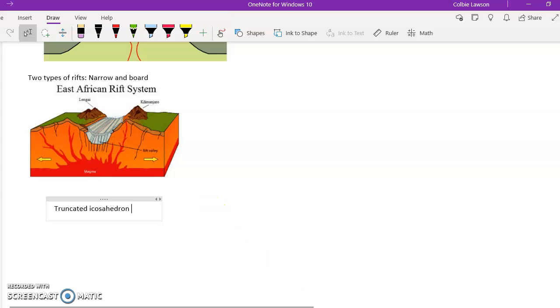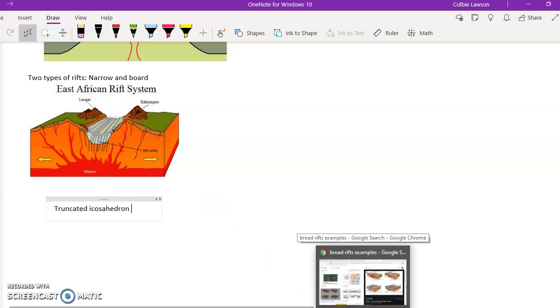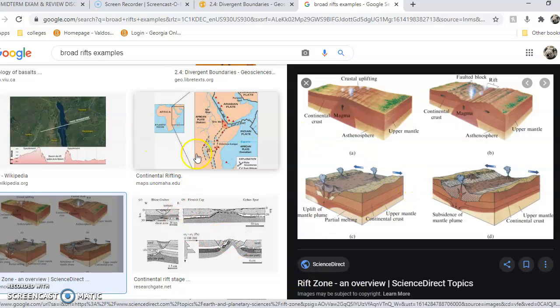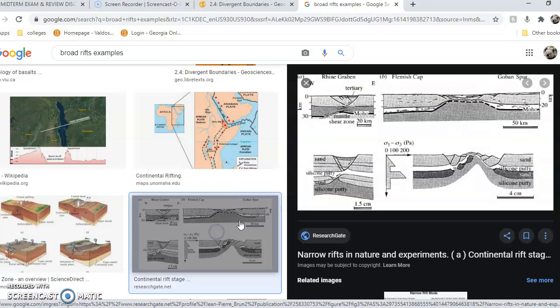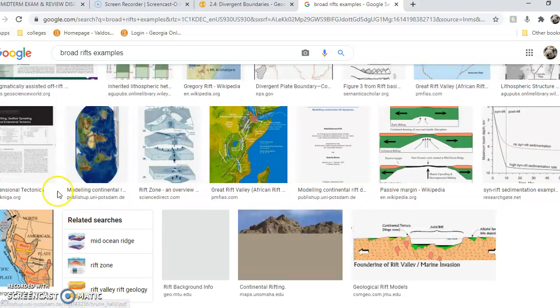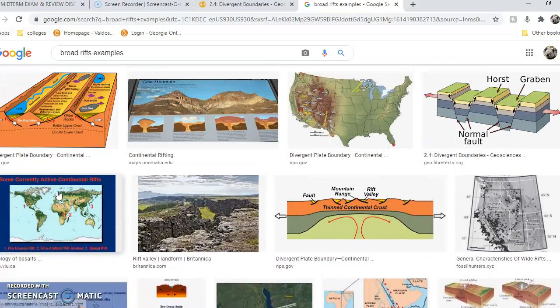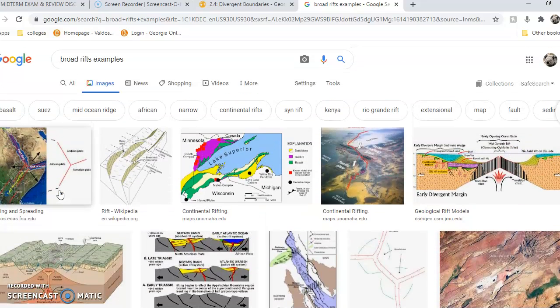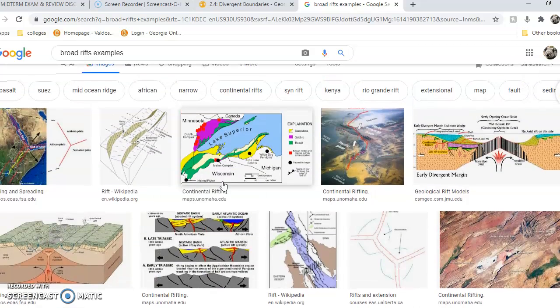And then an example of broad rifts, let me see if I can pull this up. An example of broad rifts is an area called the Basin and Range region in the U.S.